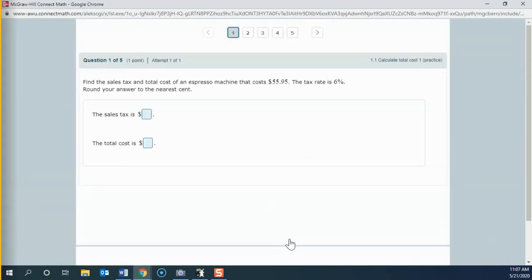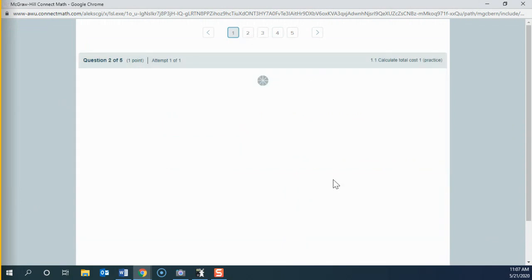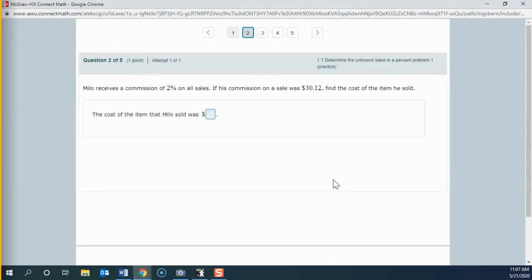If you look here, quiz 1 has 5 questions. Now remember, you get unlimited attempts until the deadline. So you would do your 1 question. Let's just say, I'm just going to type in any numbers here. Okay, once you type in your numbers, then you have to go to the next number until you get to the end, and then you'll submit it all at one time, and then it will give you your grade.